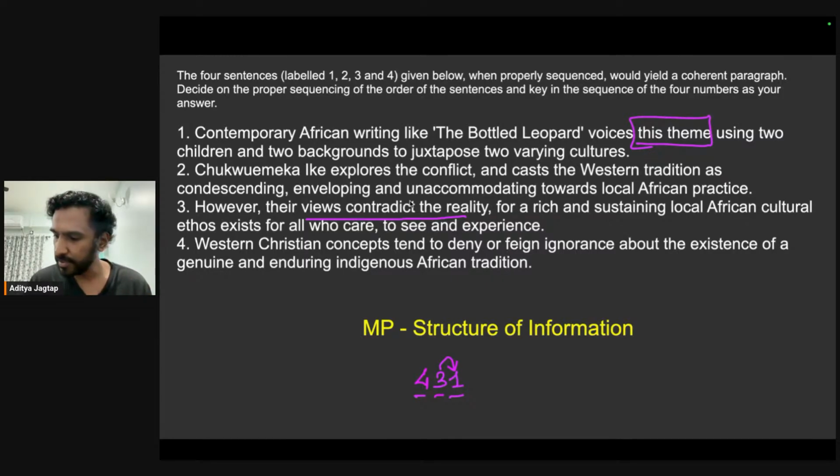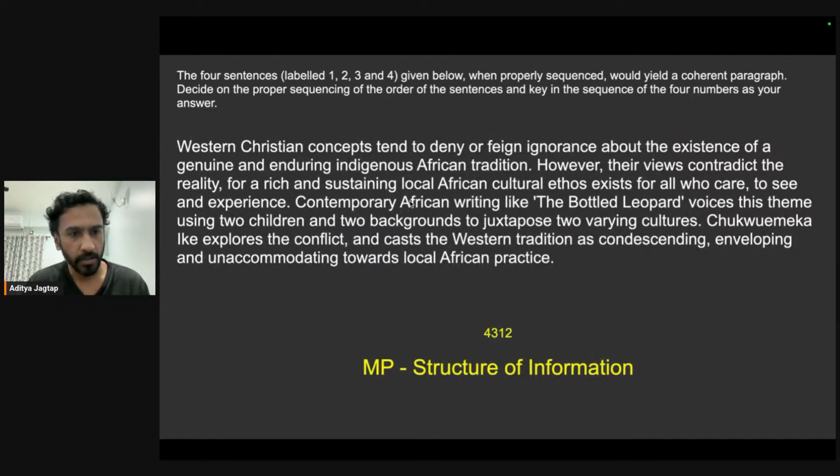And the reason why is that sentence 2 is actually an example of sentence 1, right? So 4-3-1-2 is the correct sequence. It's taken from a 2004 article in some African literary journal, I think. You can go and look it up. So this is the actual sequence of the passage which was taken.